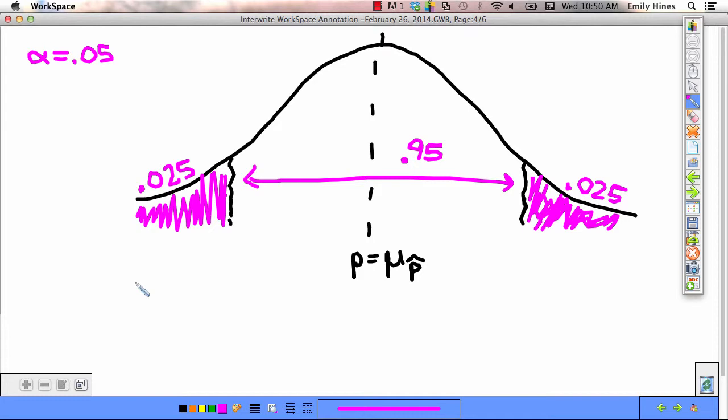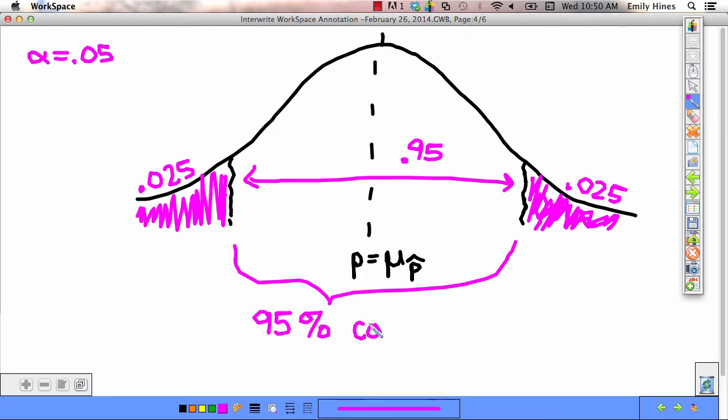Where else do we see the 95% middle of the data? Okay, in a 95% confidence interval. So if we have a two-sided test, okay, confidence intervals actually give us more information than the test does, because a confidence interval, and I'm just going to abbreviate that CI, will give you the values that will not result in rejection.